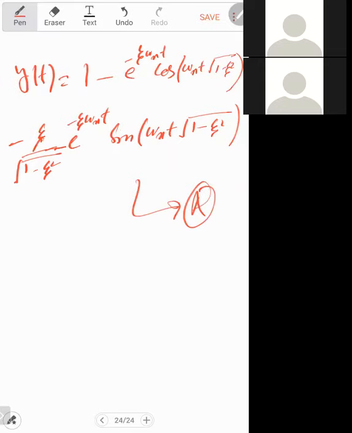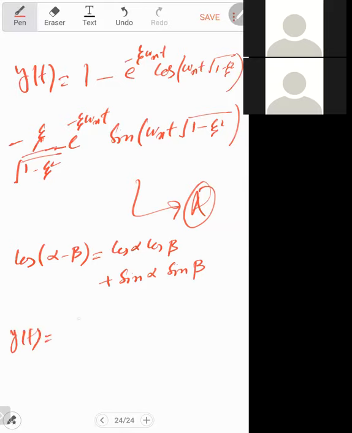For example, if you simplify this one using cos alpha minus beta, which is equal to cos alpha cos beta plus sin alpha sin beta, then equation A can also be written as y of t, which is equal to 1 minus 1 over square root of 1 minus zeta square, and then we have the delay e raised to power minus zeta omega n t, and finally you will get the cos function, cos of something.